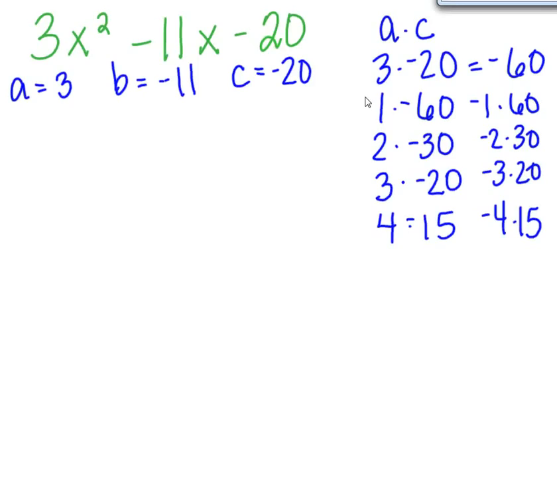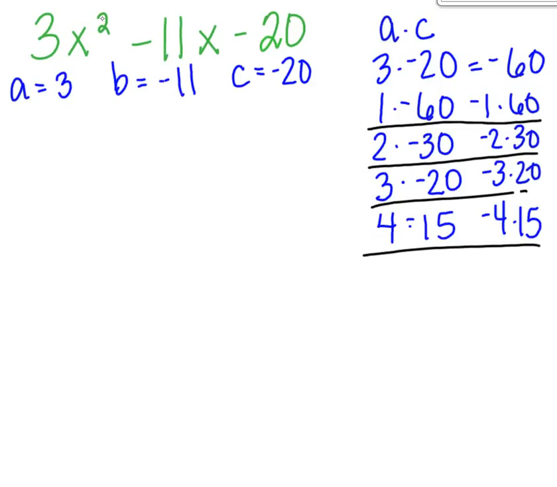Okay, so I started with 1 times 60, and those values were just a little bit too high. So I went to 2, went to 3, and went to 4. And I think I figured out that it's going to be 4 times negative 15, because if I add them together, I'll get a b that's negative 11.